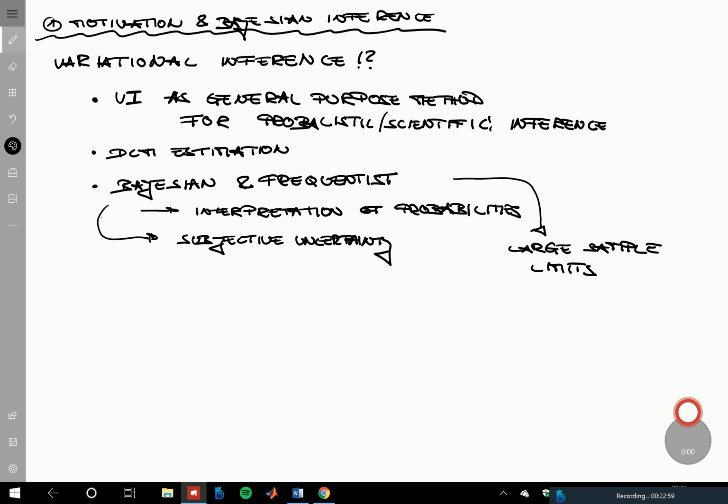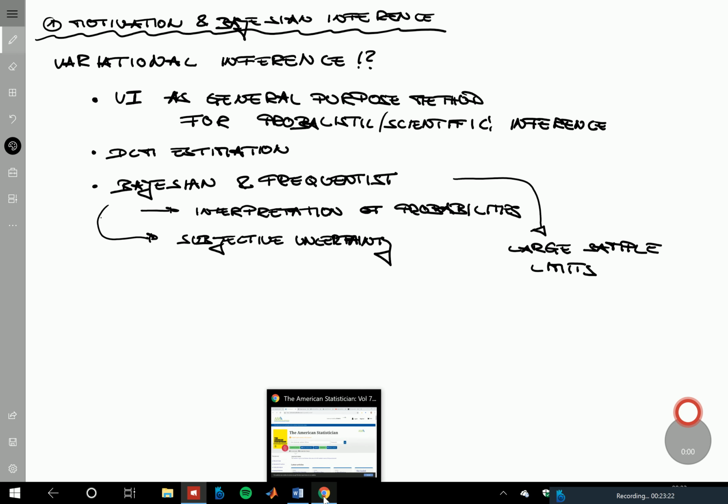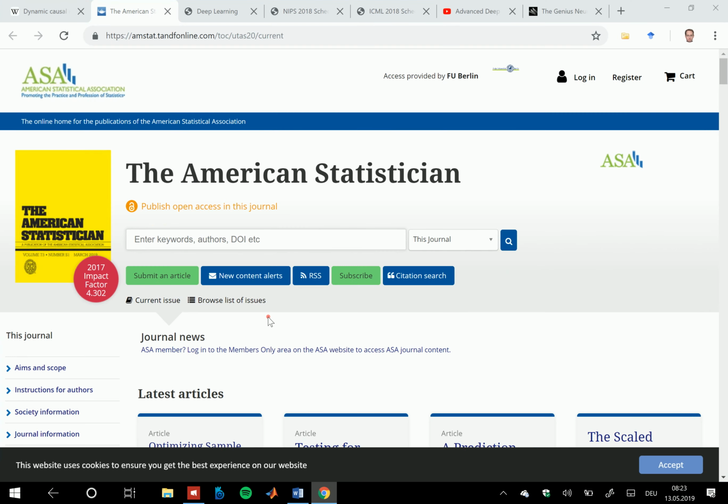Now, why does variational inference have something to say with respect to that, and why is it important right now? Because, as you know, frequentist statistics, specifically talking about p-values, is again and again exposed to some criticism, and there I just want to put these links into a Word document so you can also look them up.